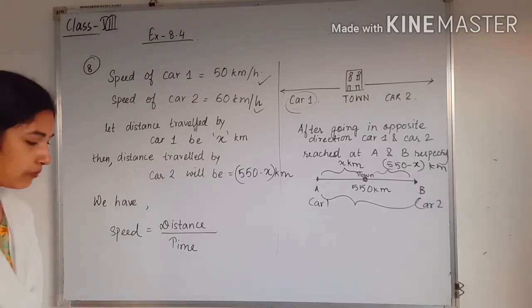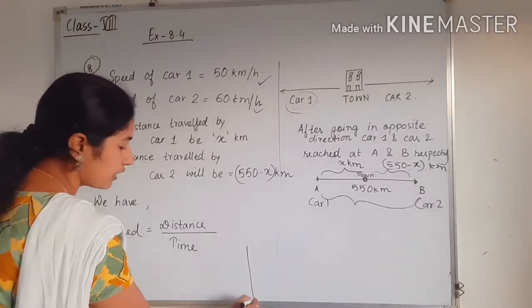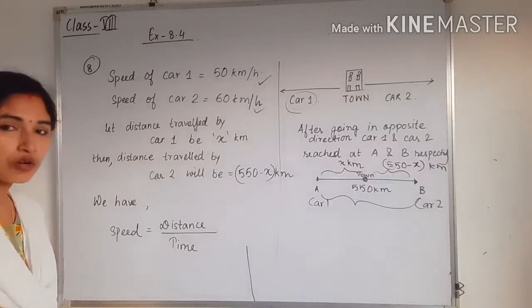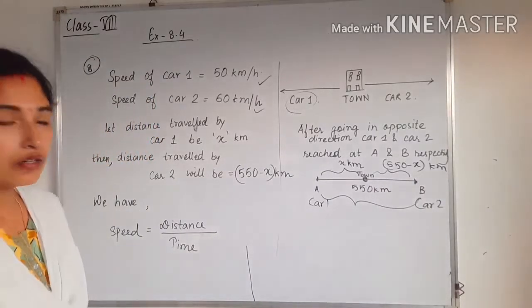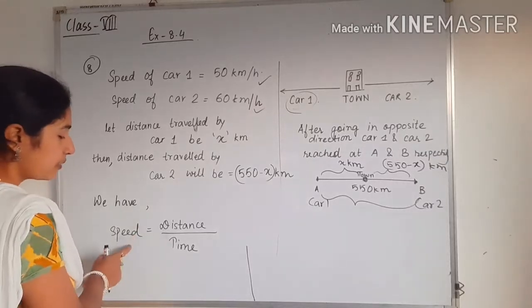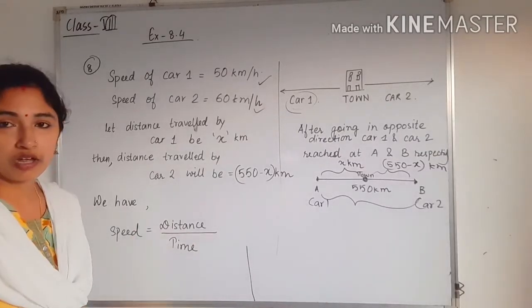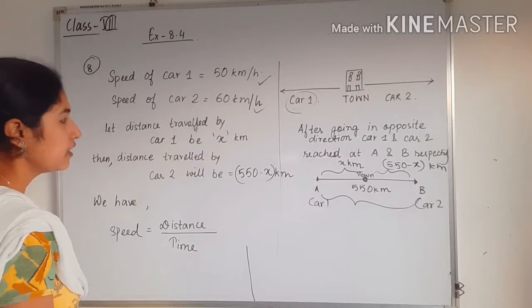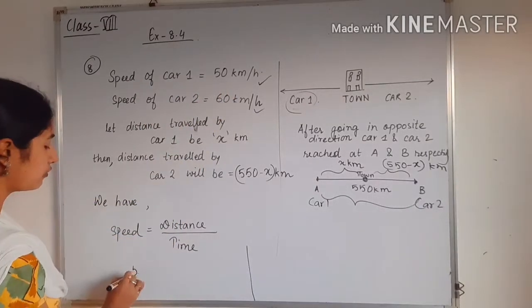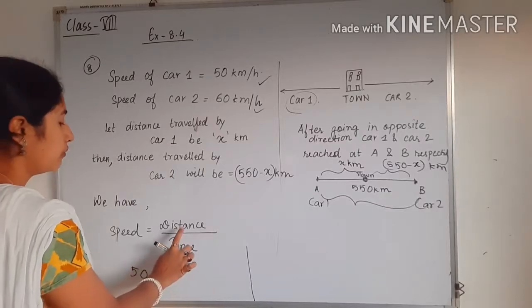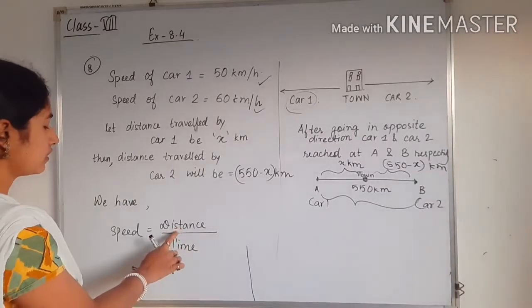Next, we know that speed is equal to distance by time. So we will take two conditions: the first for car 1 and the second for car 2, and apply the formula speed equals distance by time.